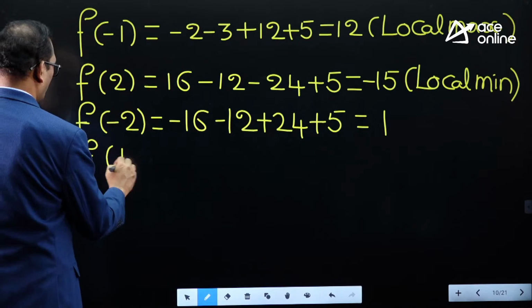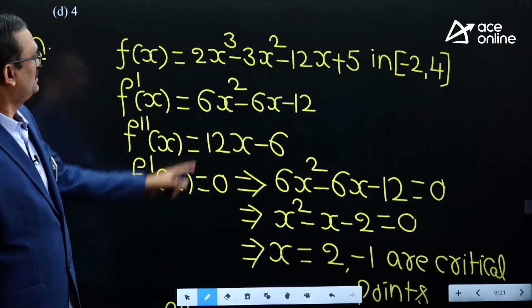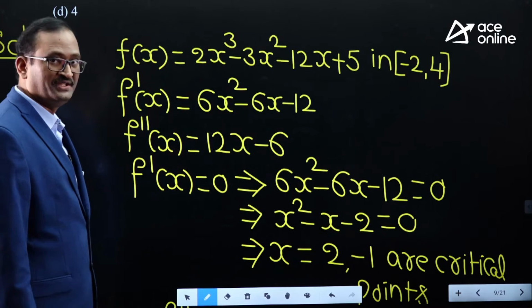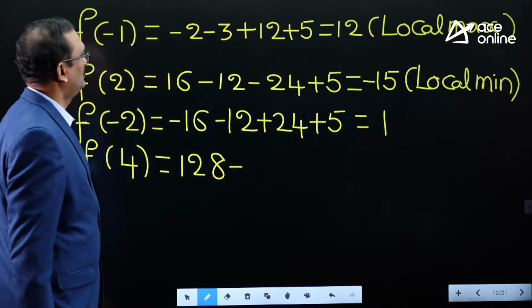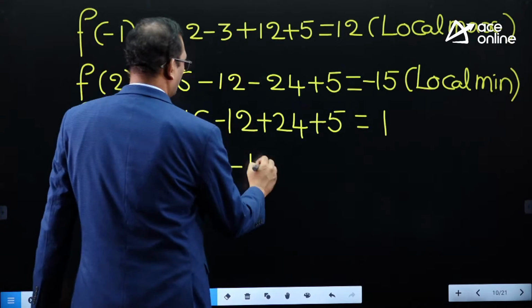Next, find the value of f of 4. 4 cube is 64, into 2, 128. 4 square is 16, into 3, 48.